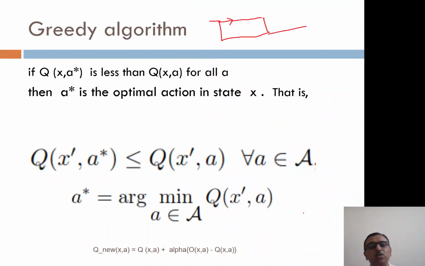What I want all of you to be very clear about is the meaning of Q star XA, the optimal Q value. And if you know the optimal Q value, you know the optimal policy using this equation.